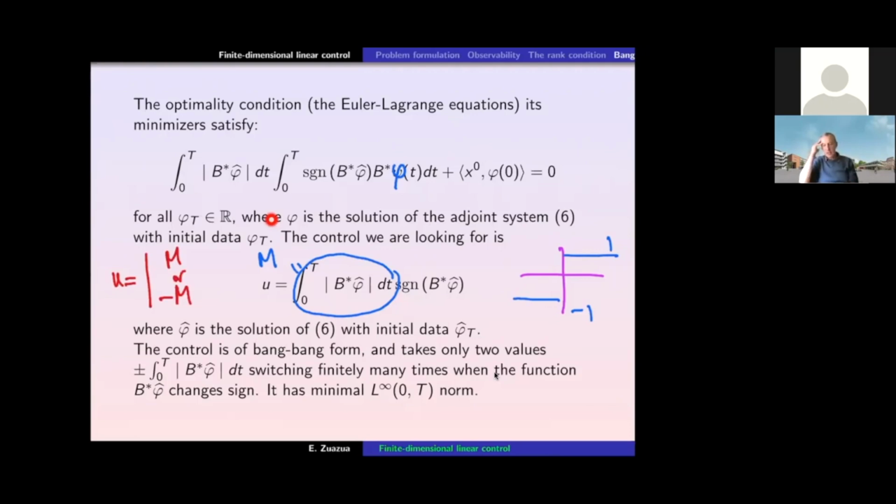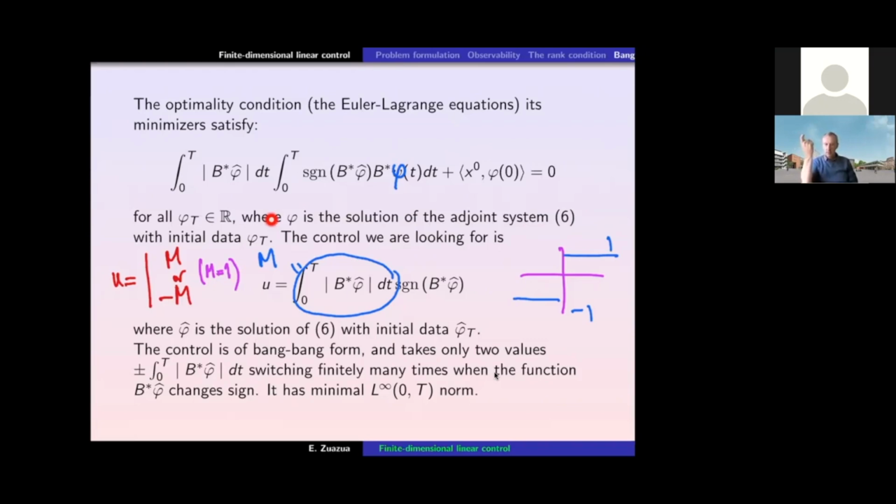But somebody tells you, well, listen, in our company we use a very concrete actuator. This actuator is not able to do M and minus M. It only does it for M equal to 1. I have this very simple actuator, and I cannot regulate the intensity.